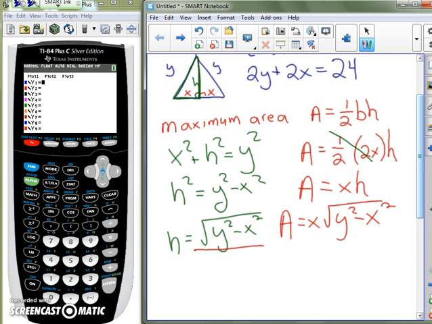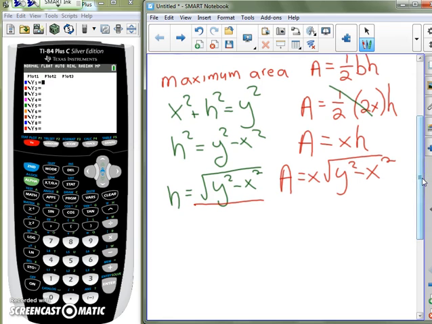So I'm going to bring that down. 2y plus 2x is 24. And I need to either eliminate the x or the y. Since I have the y just in one spot, I'm going to go ahead and solve for y.